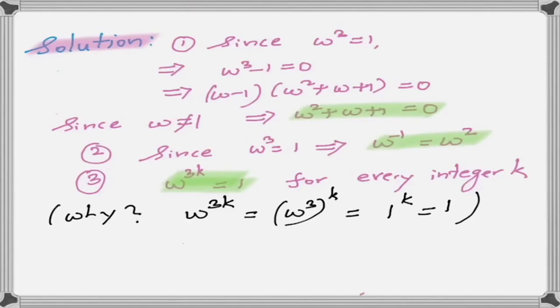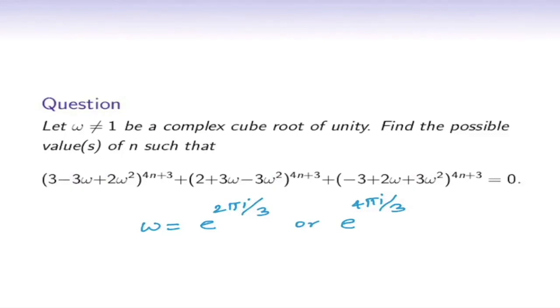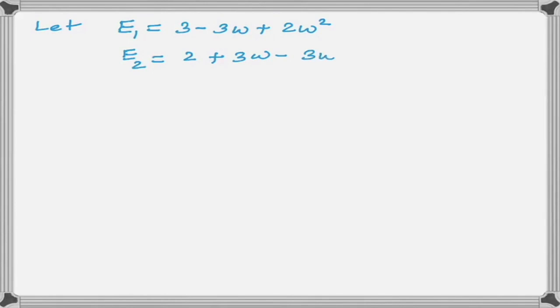Our problem deals with the 4n plus 3 powers of 3 complex numbers. So let me name these complex numbers. Let E1 be the complex number 3 minus 3 omega plus 2 omega square, E2 be the complex number 2 plus 3 omega minus 3 omega square, and E3 be the complex number minus 3 plus 2 omega plus 3 omega square.